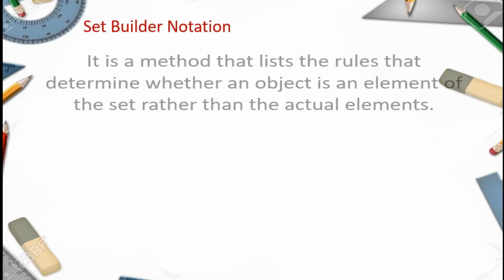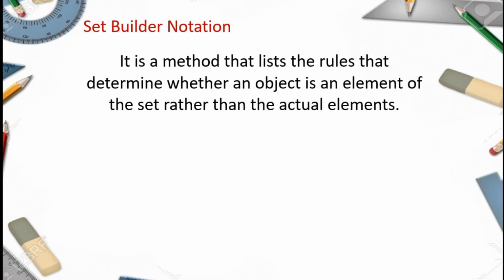Finally, we have set builder notation. It is a method that lists the rules that determine whether an object is an element of the set rather than the actual elements. So we are going to state a rule for the elements of the set.